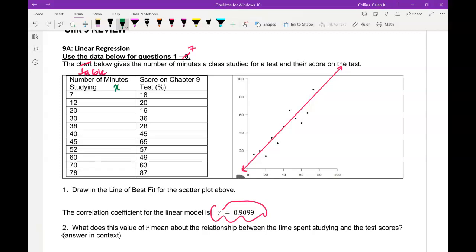Our output is the next column, and that's our dependent variable y. So that's how I know that on my x-axis of this graph, this is time spent studying in minutes, and on the y-axis, that is the score on the Unit 9 or Chapter 9 test.